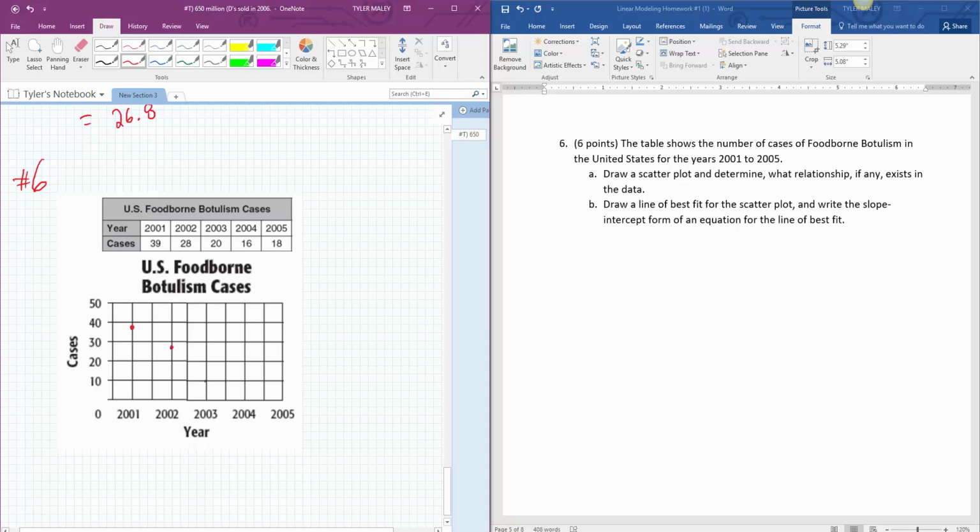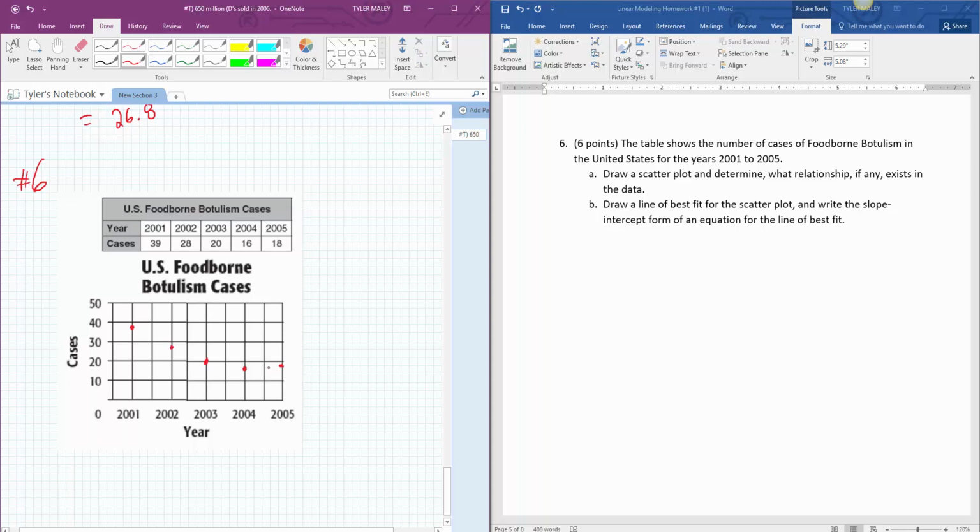And then 2003 is 20, so here. 2004, 16, maybe somewhere around here. And 2005, we're at 18, so maybe around here. So there's my scatter diagram.